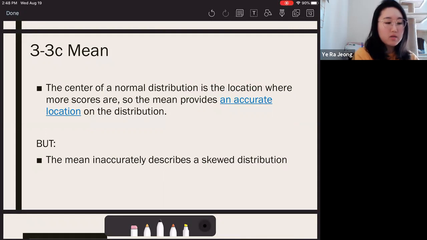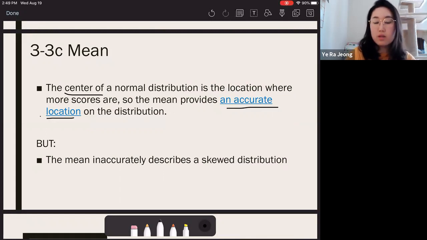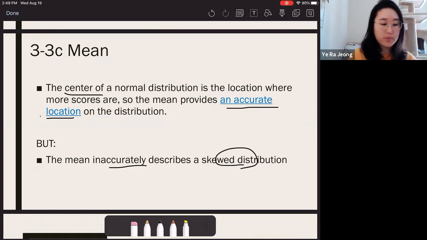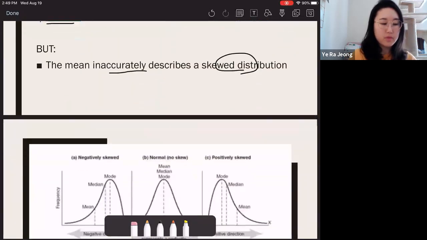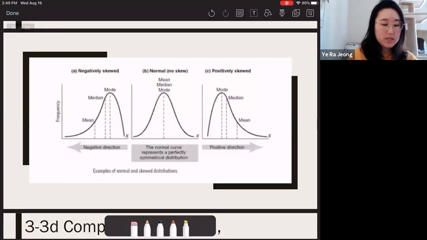Because the mean is the mathematical center of the normal distribution, it does give us an accurate location in summarizing the data in the distribution. But mean is not so accurate when you have a skewed distribution. So this is an example.